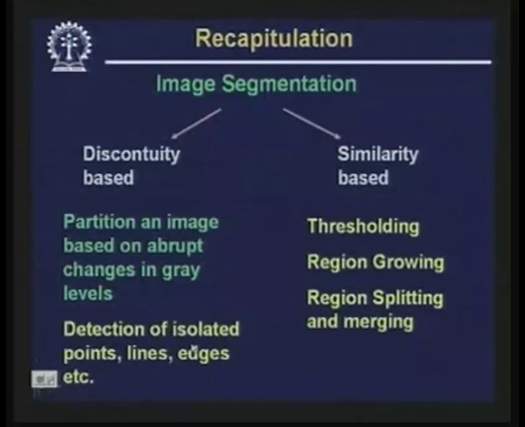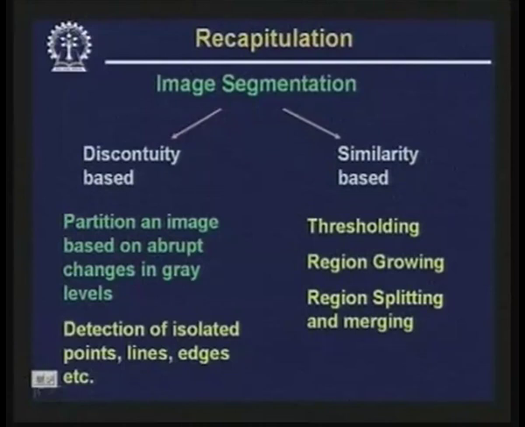So we have seen that image segmentation techniques can basically be divided into two different categories. One category is discontinuity based image segmentation techniques, and the other category is similarity based image segmentation techniques.